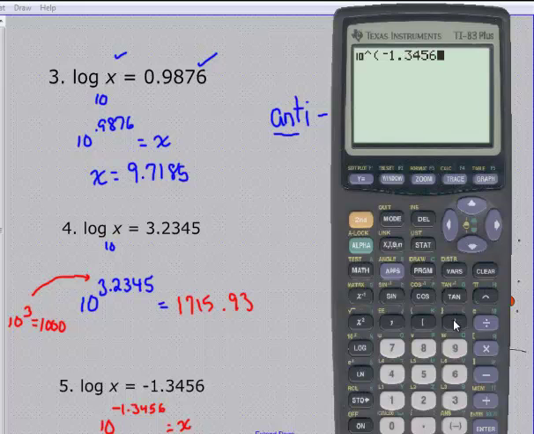Can you figure out what that negative is going to do? Right, a negative tells you it's going to be a decimal. And indeed it is a decimal. And the decimal here is 0.045. So what you're trying to get straight today is when do you log and when do you anti-log?